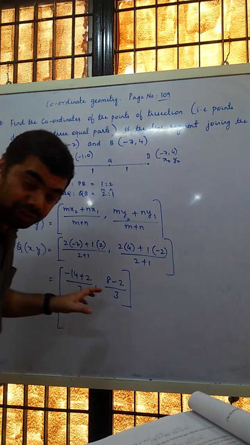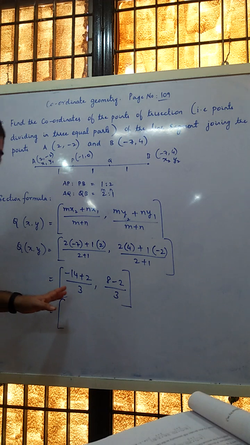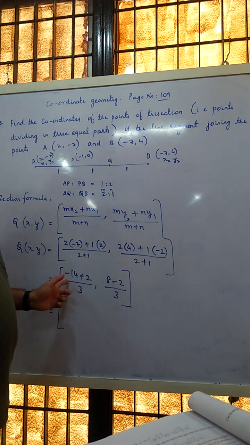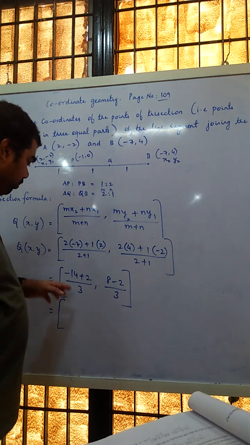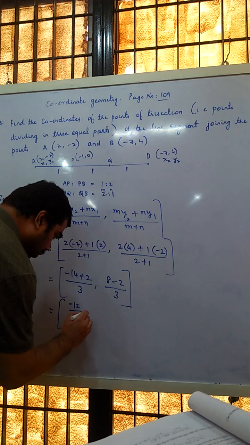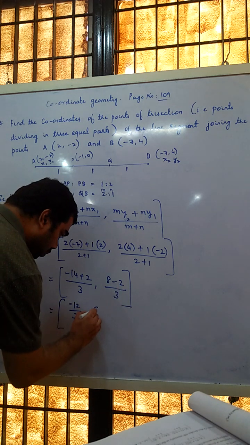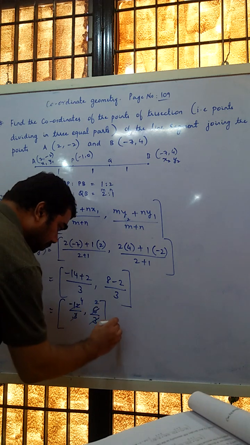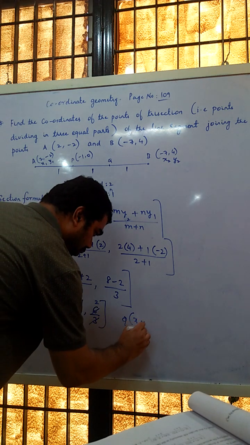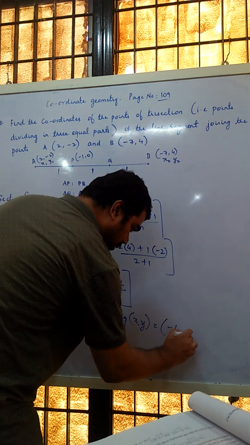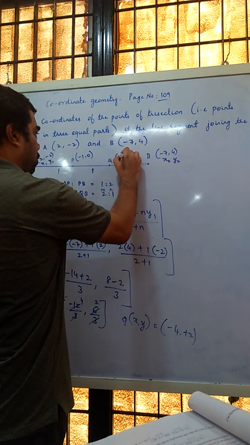Again take the sign of the larger number: when you have two numbers with opposite signs, you subtract and take the sign of the larger number. So -14 plus 2 is -12 by 3, comma, 6 by 3. So the coordinates of point Q are (-4, 2).